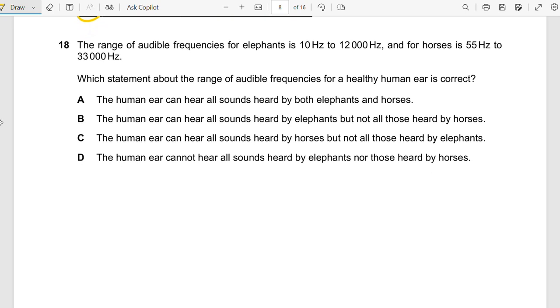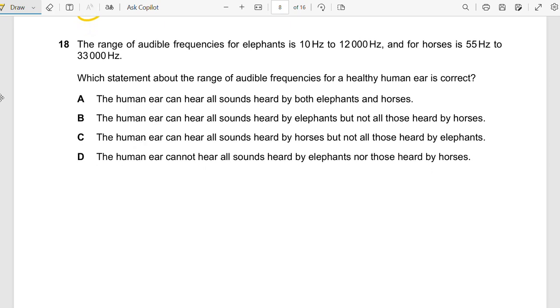Now they say the range of audible frequencies for elephant is from 10 Hertz until 12,000 Hertz. This is for elephant. And for horses, it's 55 Hertz until 33,000 Hertz. Which statement about the range of audible frequencies for a healthy human?